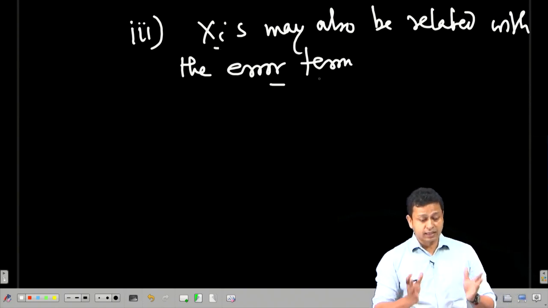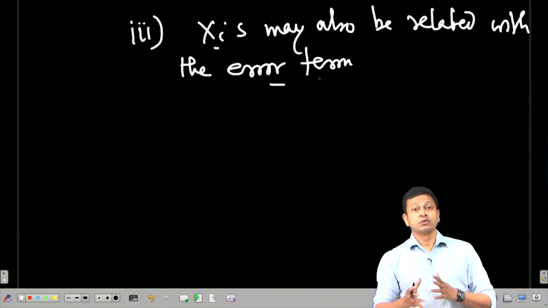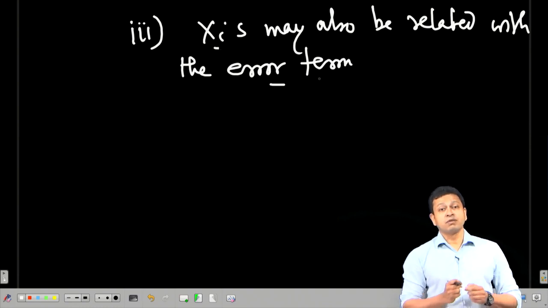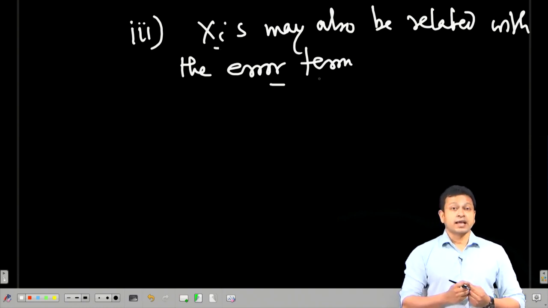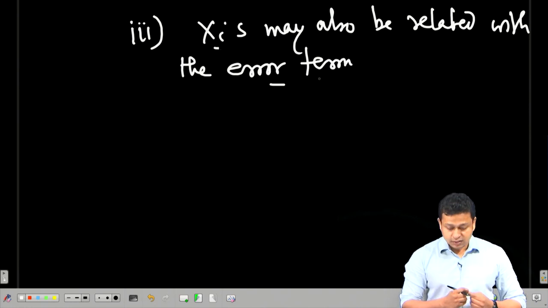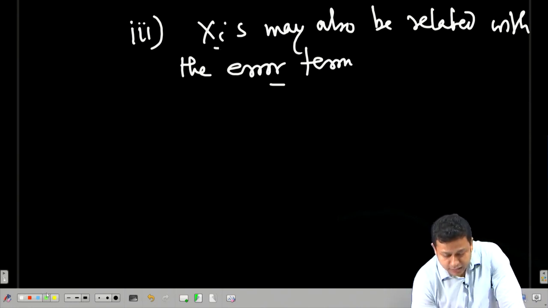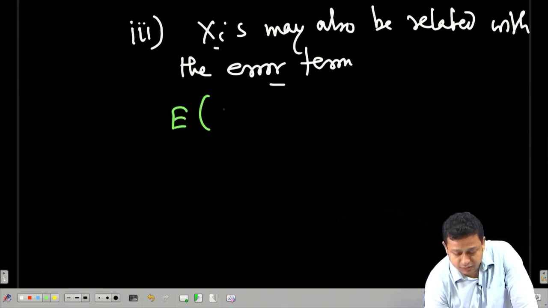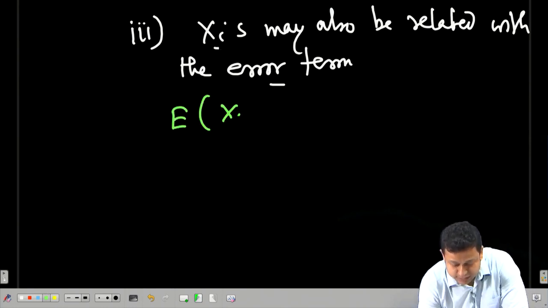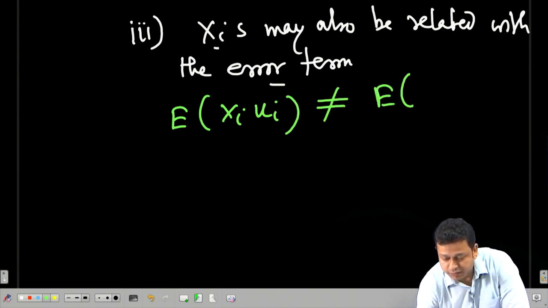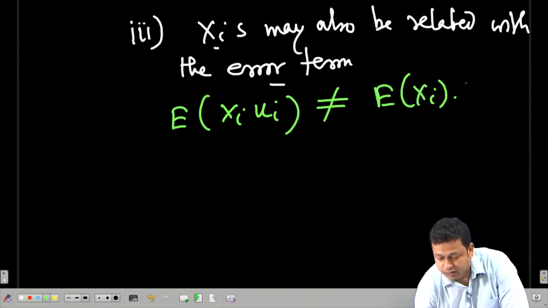Okay. And the moment I allow the xi and the error term to covary, at that point the condition of best linear unbiased estimator might actually get violated. And how is that going to happen? Let me show you. Essentially what I am saying here is that I cannot say expectation of xi ui is equal to expectation of xi times expectation of ui.